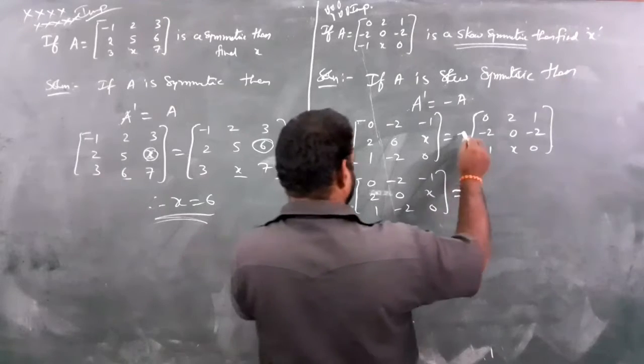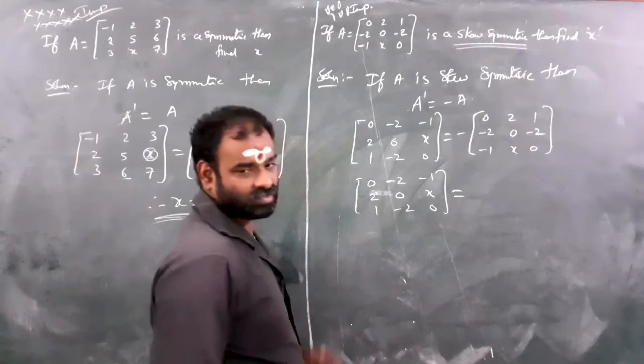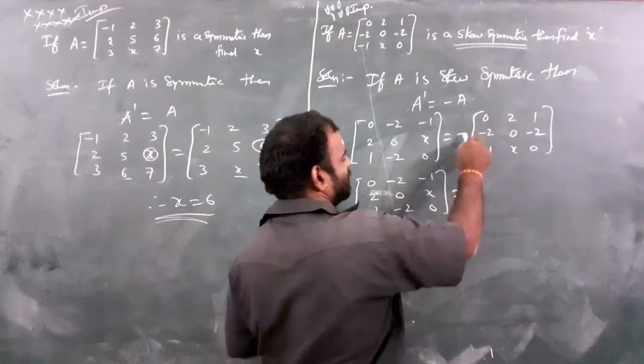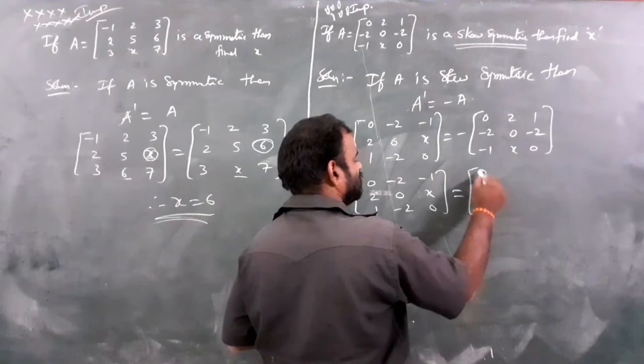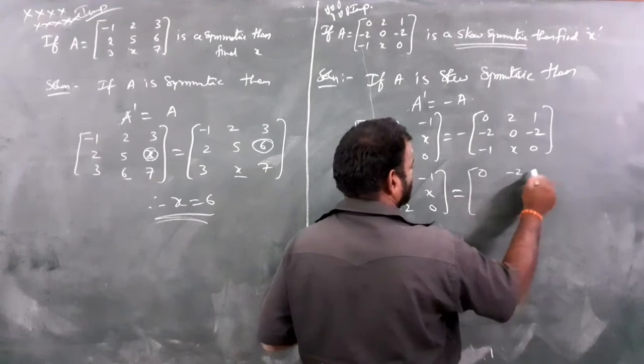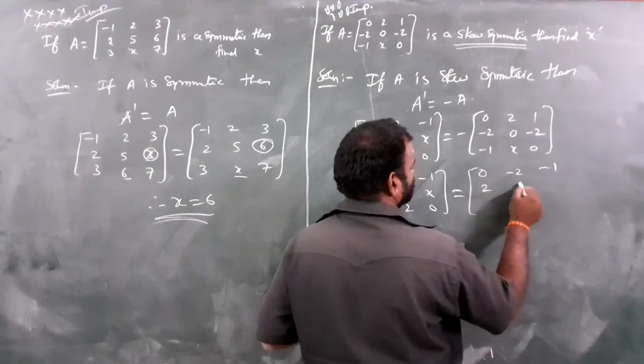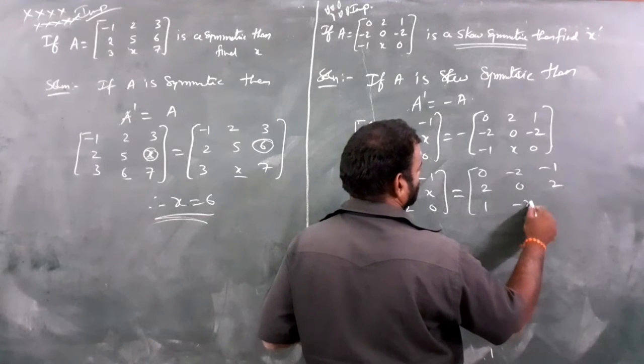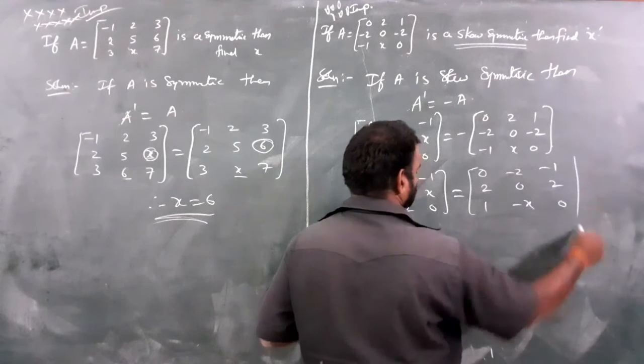So you have to give this minus to all the elements in that matrix. So you multiply all the elements in the matrix with minus, then it becomes [0, -2, -1; 2, 0, 2; 1, -x, 0].